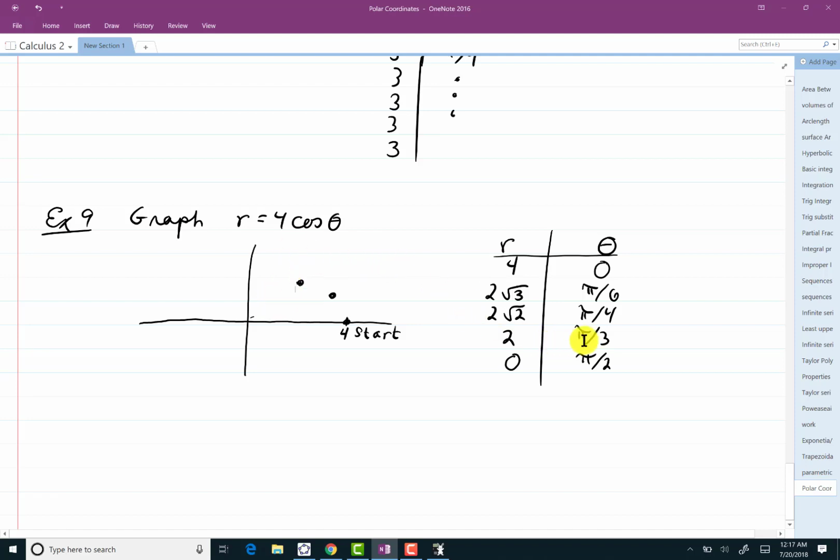Now let's move on. Then pi over 3, so we're a little bit more like this, but the radius is only 2 this time. And then it's 0 at pi over 2. So when the radius would want to be straight up and down along the positive y-axis, the radius is 0.